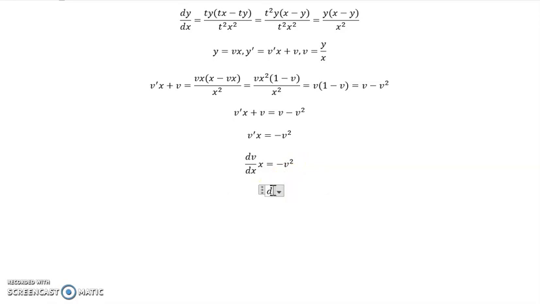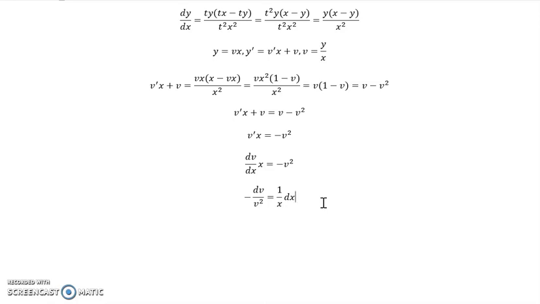If I do all that, I'm going to get dv over v squared is equal to negative 1 over x dx. Now, you certainly can, if you want, keep the negative with the v squared. That will simplify the derivative in this case a little bit, but that's not necessarily always the case.